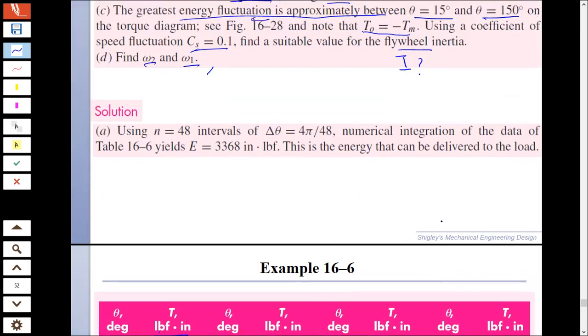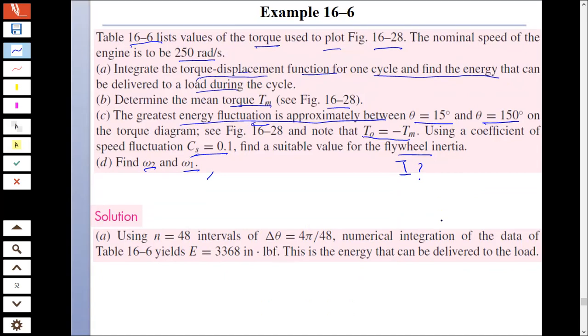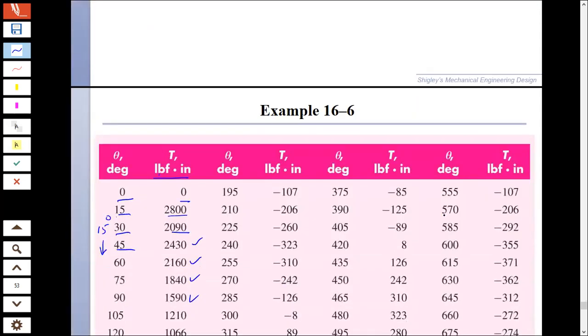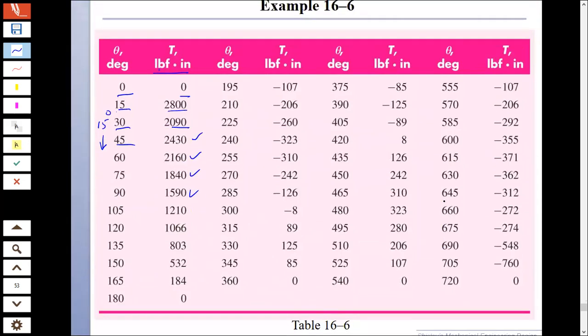Since we have, what does it say, that the nominal speed of the engine is 250, and if we divide for one complete cycle, let's see over here, and it goes up to 720.